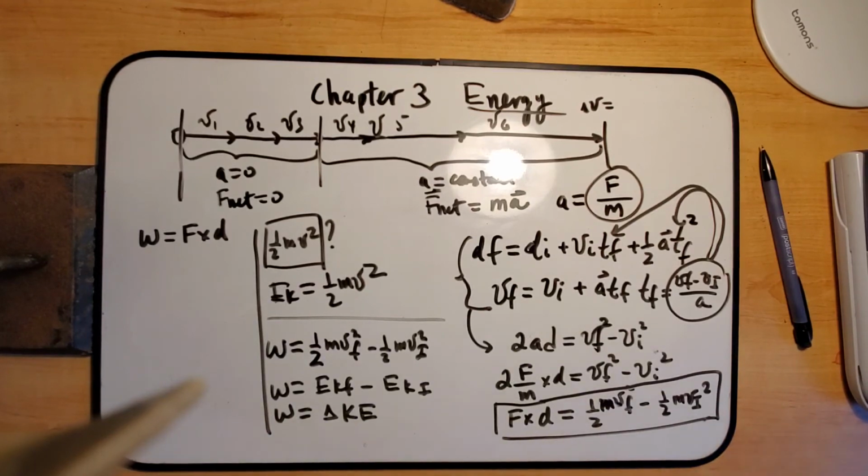It brings energy, for example, from a certain object to the rest of the universe, I guess, or to the surroundings, or to the environment. Okay, and so this is kinetic energy. Now, the work as the object is moving and accelerates is nothing else but a change in kinetic energy.